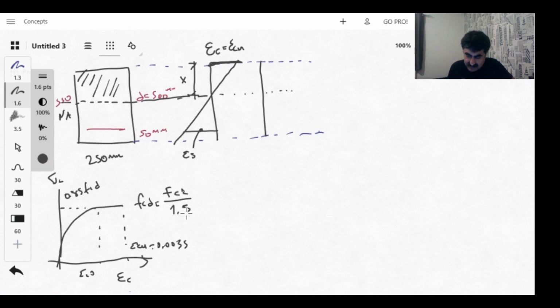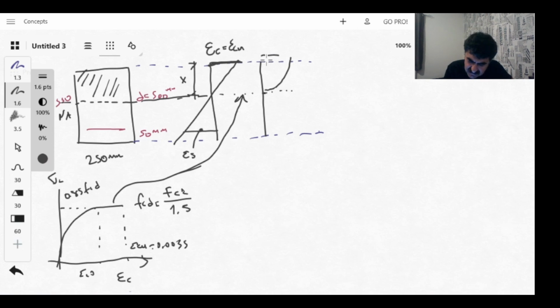Then we need this diagram. We will just directly project this diagram to the stress diagram to here. So the stress diagram should be similar. Here strains are 0 and stresses are 0, and then as strain increases, stresses increase as well.